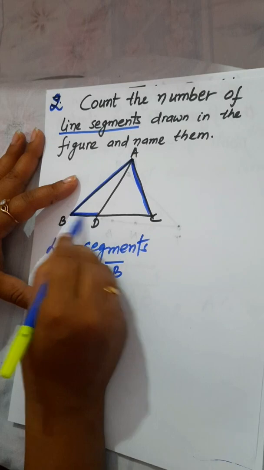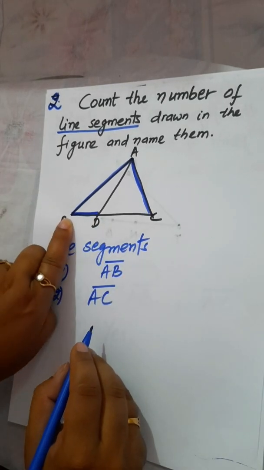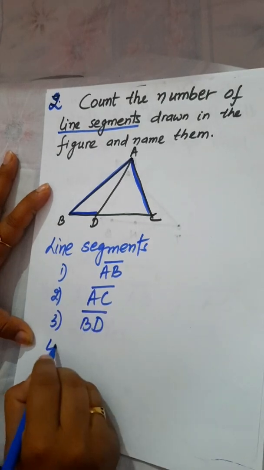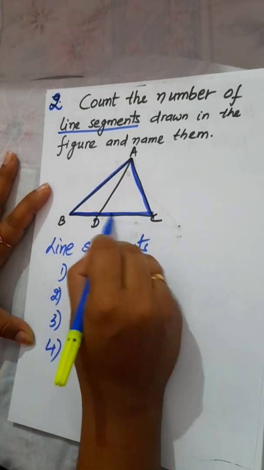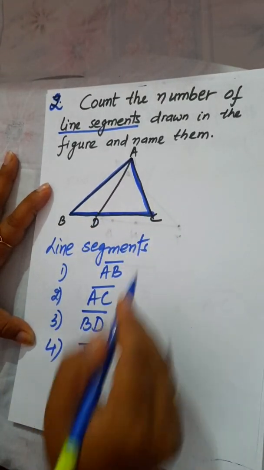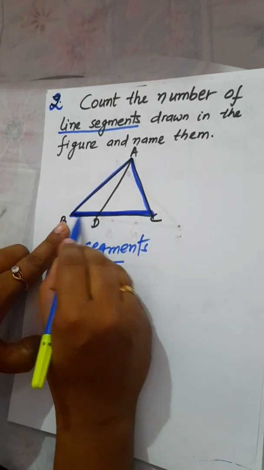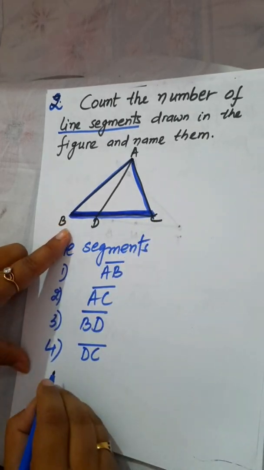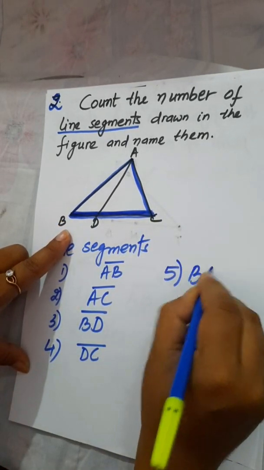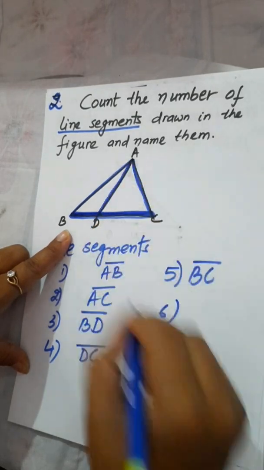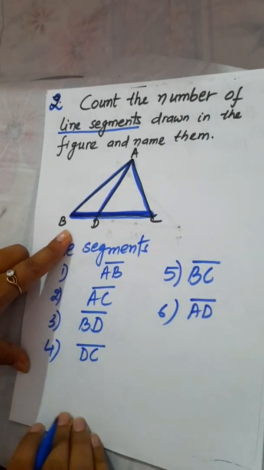Third is this, BD. Starting point B, ending point D. Fourth is DC, and the complete one, this BC. Here the starting point is B, ending point is C. So fifth is BC, and the sixth line segment is AD.